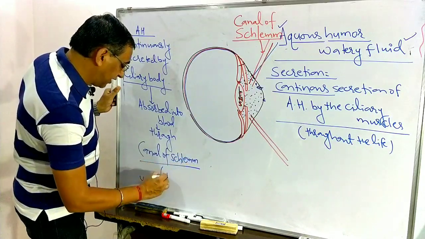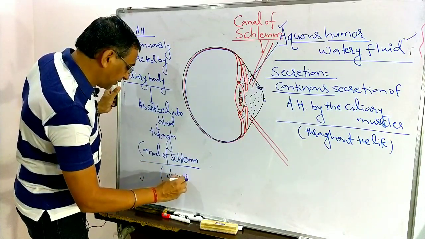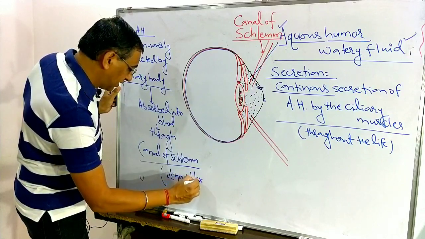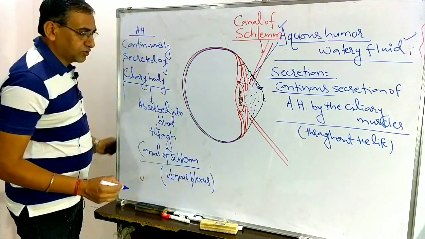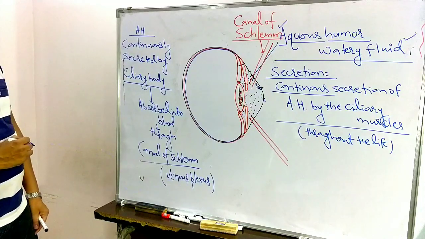And what is the canal of Schlemm? It is a venous plexus.